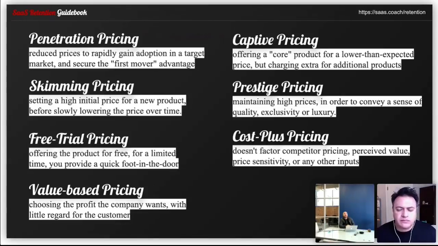Totally. And then there's skimming pricing, where you're setting a high initial price for a new product, but then lowering it over time. And really this mixes with the next one, prestige pricing, which is about maintaining high prices in order to convey a sense of quality, exclusivity, or luxury.